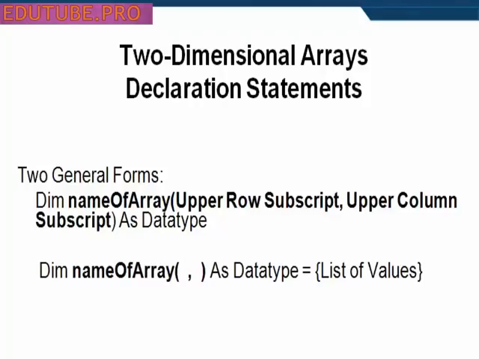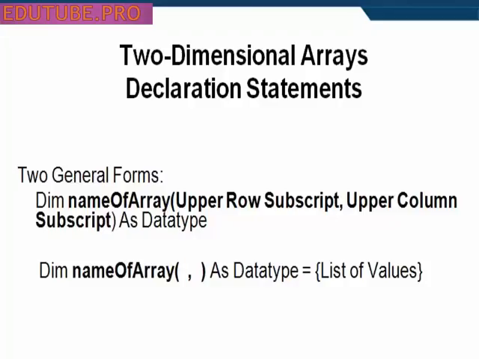In the second example, you see again the name of the array being specified after the word Dim, but in this case you see a set of parentheses with only a comma in between. The comma inside the parentheses is necessary to specify there are two dimensions to the array. You specify the initial values with the first dimension for the row and the second dimension for the column.